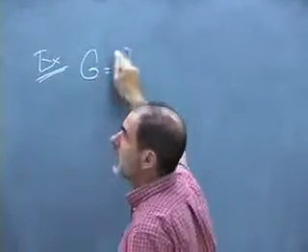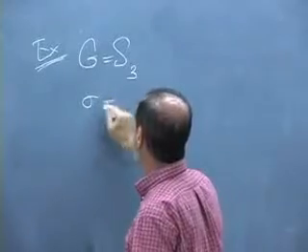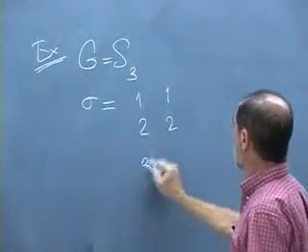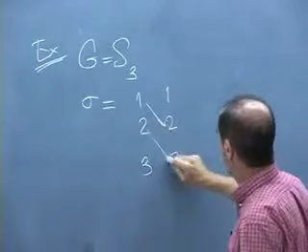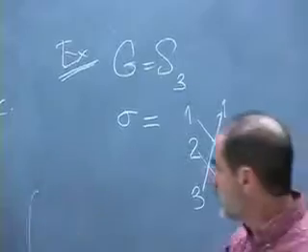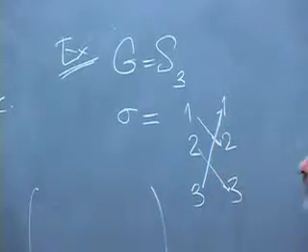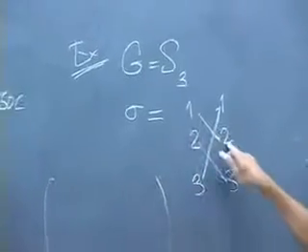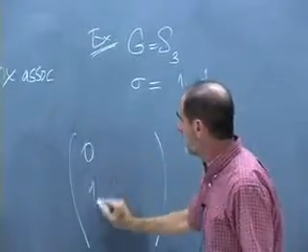Example, G is equal to S3, and sigma is the thing that cycles the things around. 1 goes to 2, 2 goes to 3, 3 goes to 1. That's a good permutation. Its permutation matrix, according to this definition, is as follows. In the first column, you see where you take 1, it takes it to 2. So the first column looks like this.